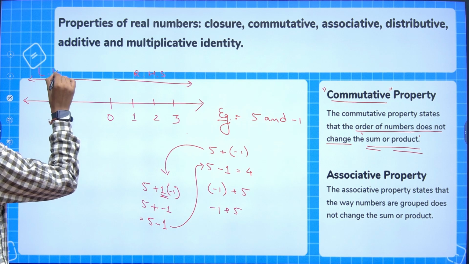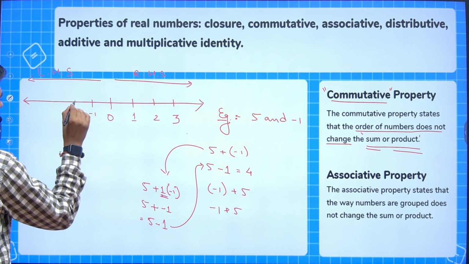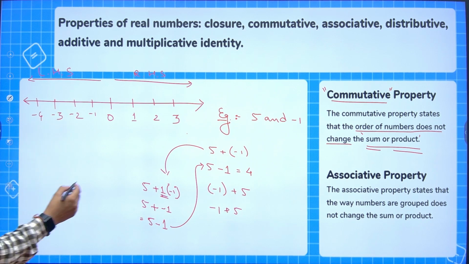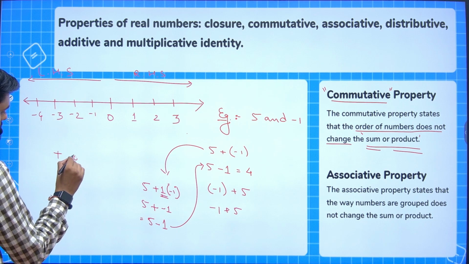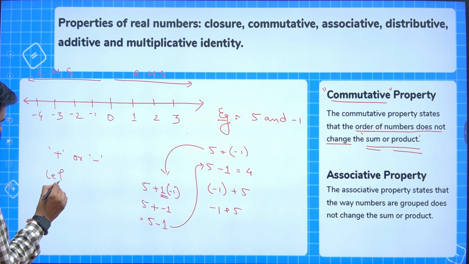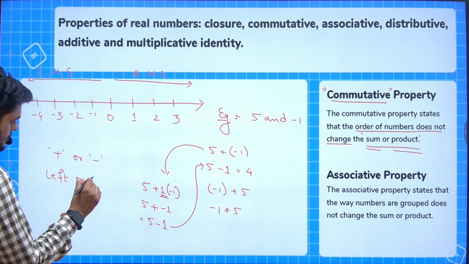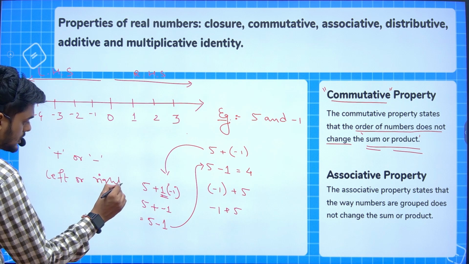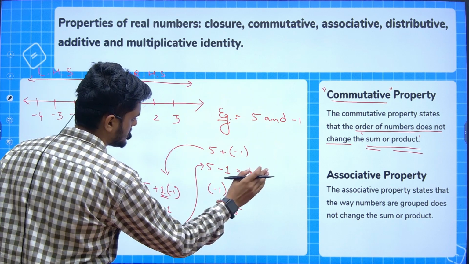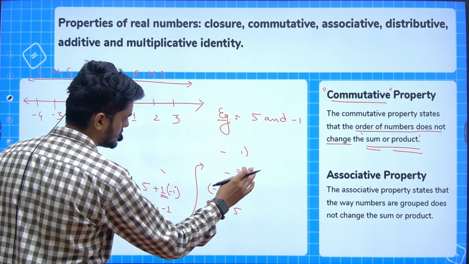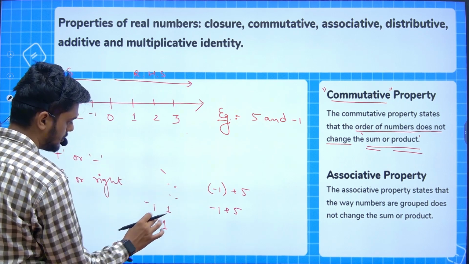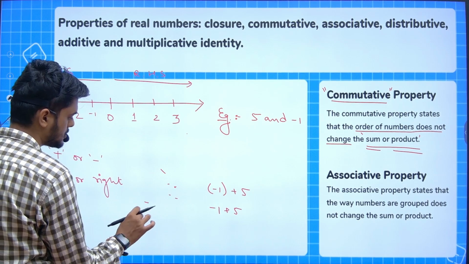Meanwhile, the negative quantities are on the left hand side of 0. To operate addition or subtraction, we need to move either left or right. Now what does this mean? Likewise, we have 5 plus minus 1.